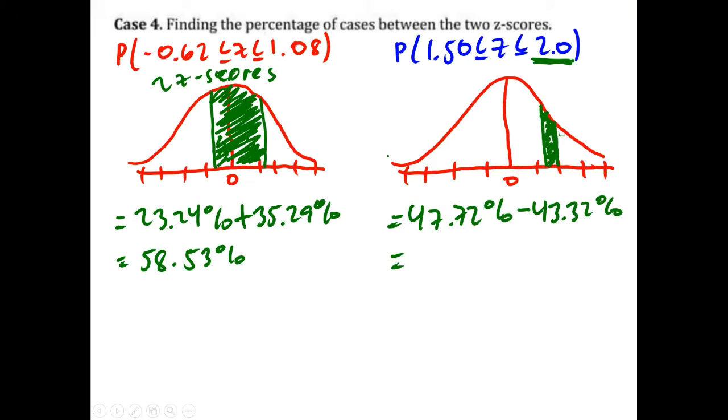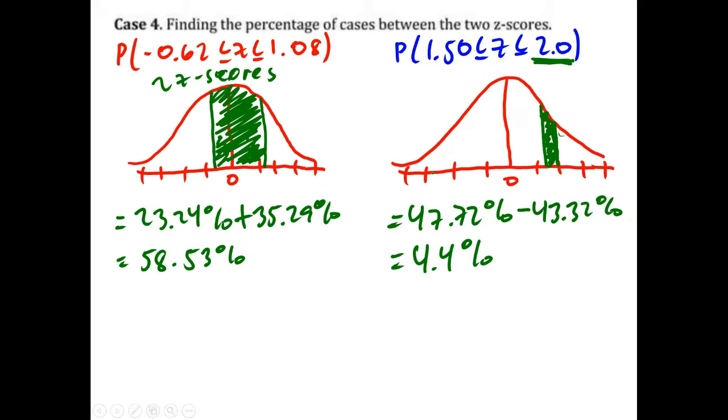Okay, on your calculator, 47.72 minus 43.32 is 4.4%. Okay, so ganyan yung mga cases natin.